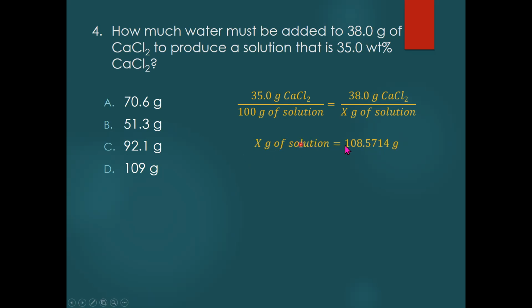So the X grams of solution is 108.57 grams. That's the grams of the solution. But they want to know how much water we need to add. The mass of the solution is going to be the mass of the solute plus the mass of the solvent.